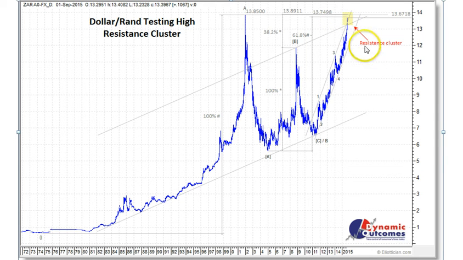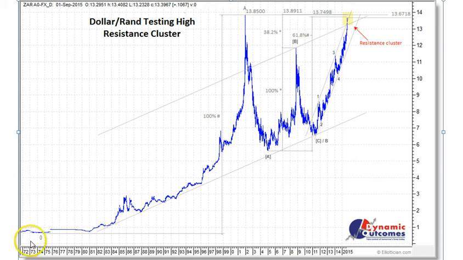The market has resistance levels based on our Elliott Wave analysis, our trend line analysis, and Fibonacci, which all work together. And what this is telling us is that we are busy testing a high resistance in sort of the 1340 to 14 area. So let's just have a look at a few of those.